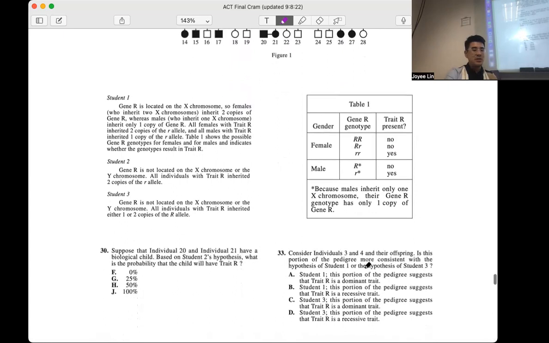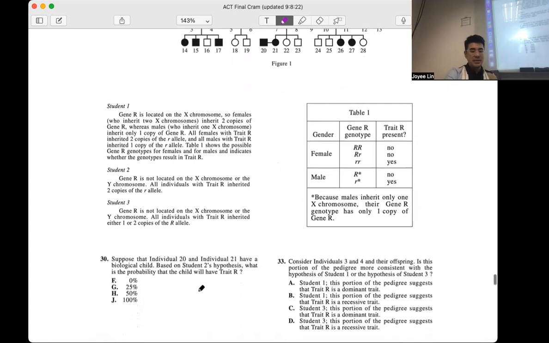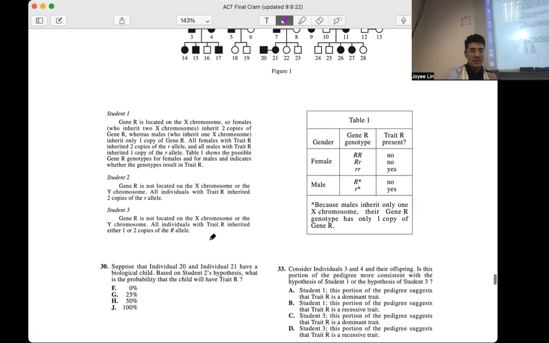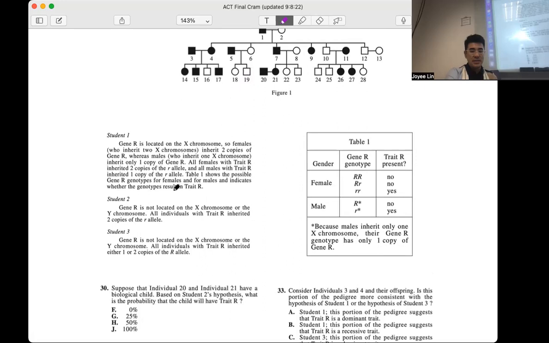And then they'll ask you to do Punnett squares sometimes. Suppose that individuals 20 and 21 have a biological child. Gene R is not located on the X chromosome or the Y chromosome.